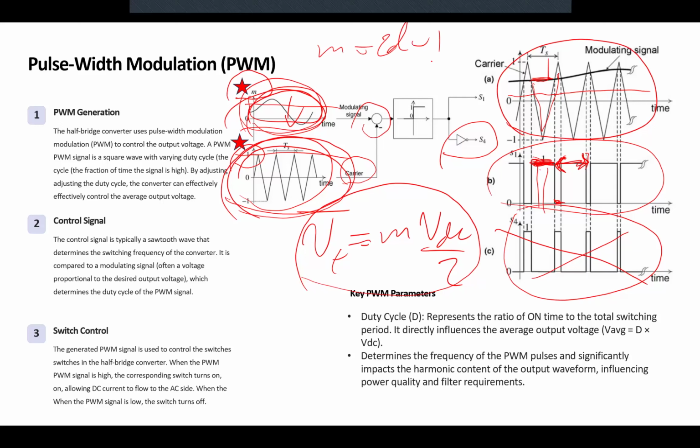We want to control D, so we are changing M to control D. In PWM, D is our output, M is our input. We define M based on our reference signal or modulation signal, so we get the D that we want.